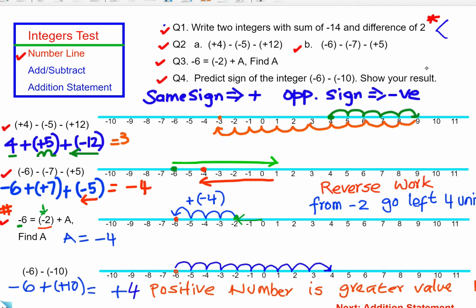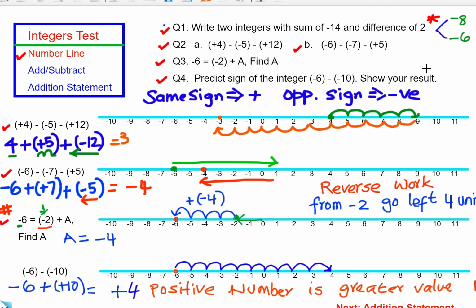Okay, so since we are getting the answer on addition as negative, that means the bigger integer is negative, correct? Difference is 2, and addition is 14. Then it reminds that we could have both negative numbers, right? Correct. So if both are negative, the numbers could be 6 and 8. Right. So if I have negative 8 and negative 6, will that work?